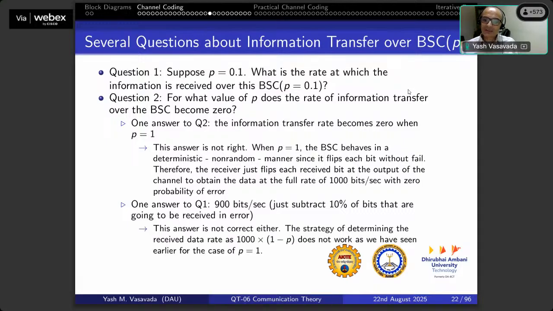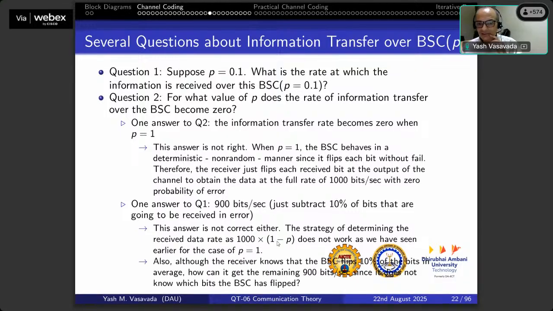The other answer, that when P is equal to 0.1 you get 900 bits per second, is also not correct, because this formula, 1000 times 1 minus P, doesn't work. The problem is that the receiver knows that the channel is flipping 10% of the bits, but it doesn't know which 10% were flipped.